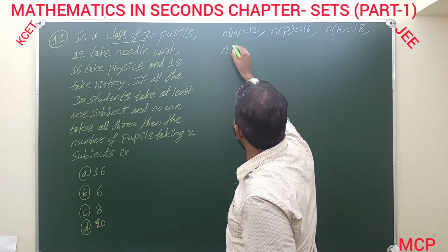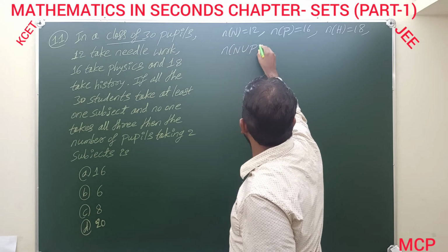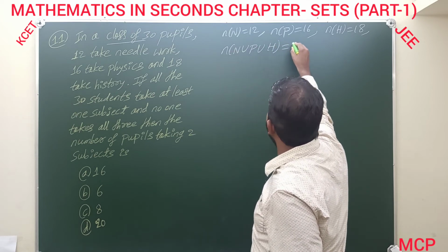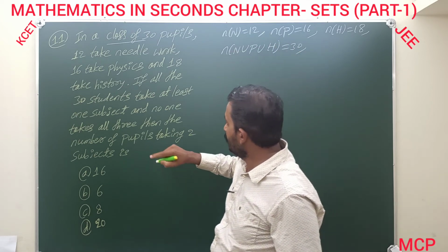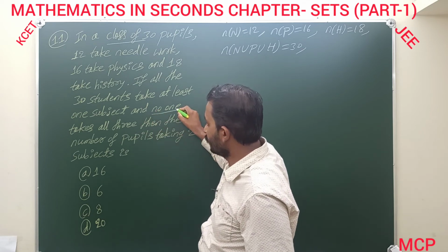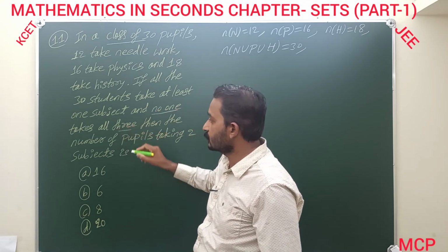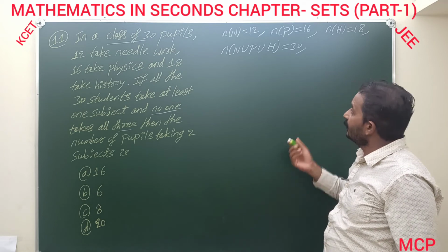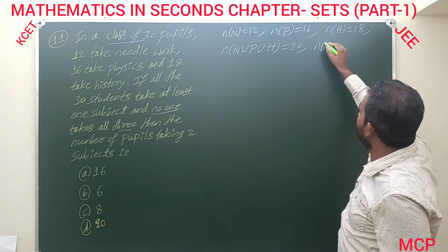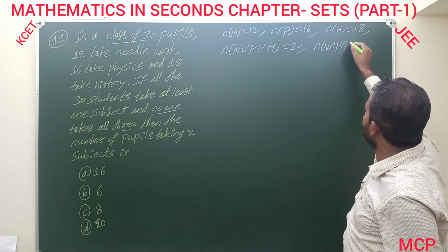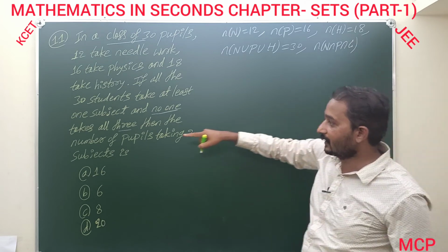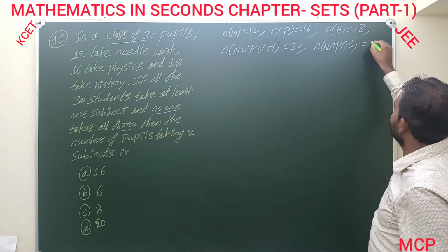So N of N union P union H is equal to 30. And it is important, no one takes all the 3. So no one takes all the 3 here, intersection is 0. N of N intersection P intersection H, nothing but 0 in this case.